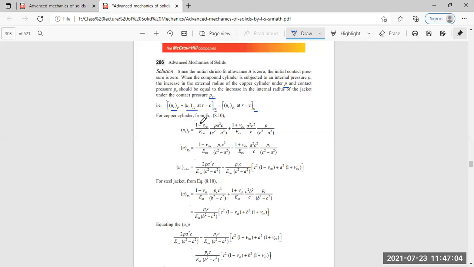So first we have to calculate the individual radial displacements, then we have to equate them together. So what will be the radial displacement due to P? It is the equation we have already developed.